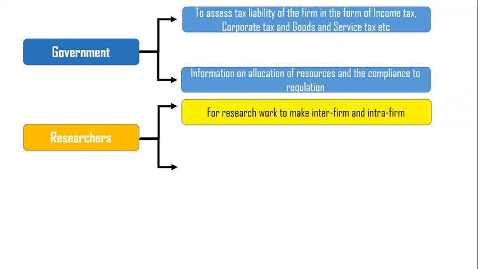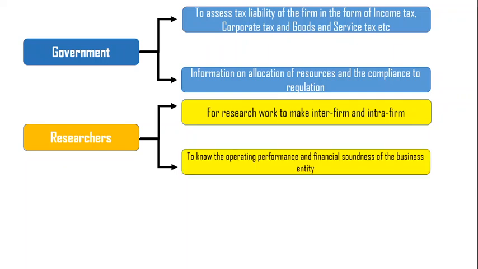So such research is done by these researchers, and you can rely on them. Also to know the operating performance and the financial soundness of the business entity. As I told, this is required for the new businessman, because they want to know how good it is. For any purpose, researchers can provide you all this information.